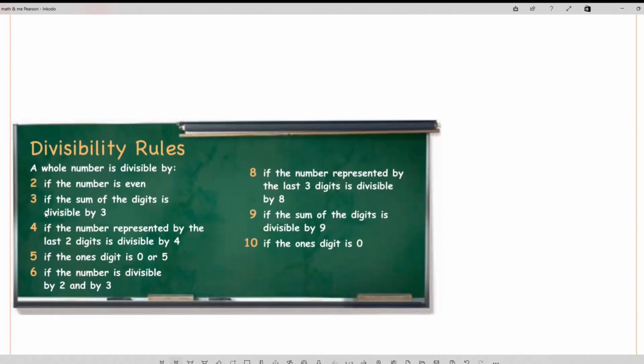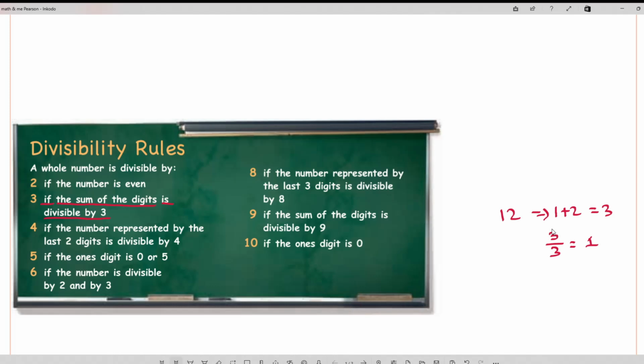Look, this one: if the sum of the digits is divisible by 3, then the number is divisible by 3. Suppose 12, we can write 1 plus 2, it means 3. We can divide 3 by 3, the answer will be 1.